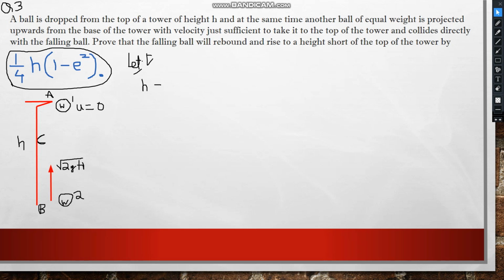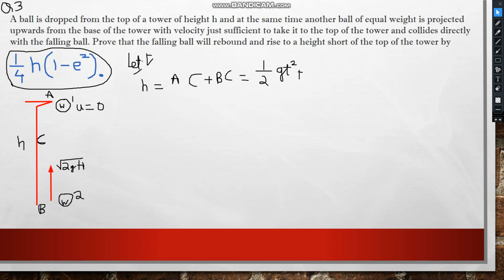H is equal to AC plus BC. AC is half g t square, right?